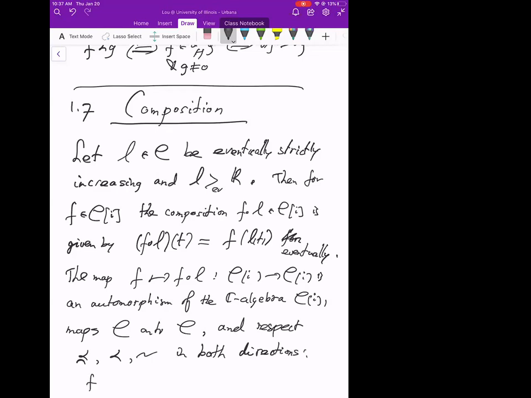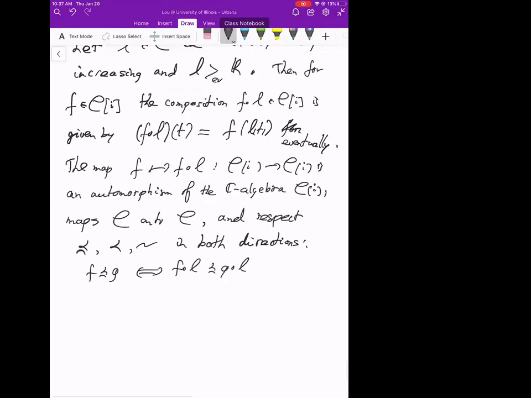F is dominated by G if and only if F composed with L is dominated by G composed with L. All these things are very easy to check. This is an automorphism, and that means it has an inverse.